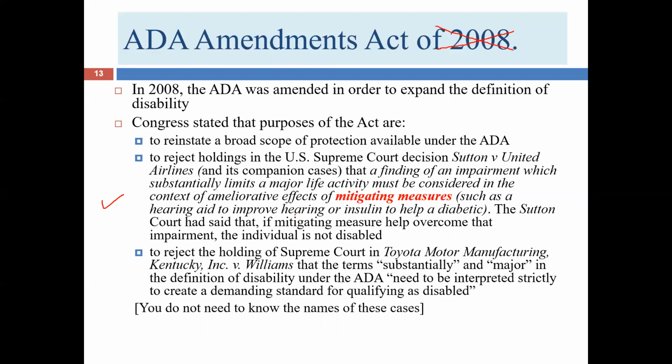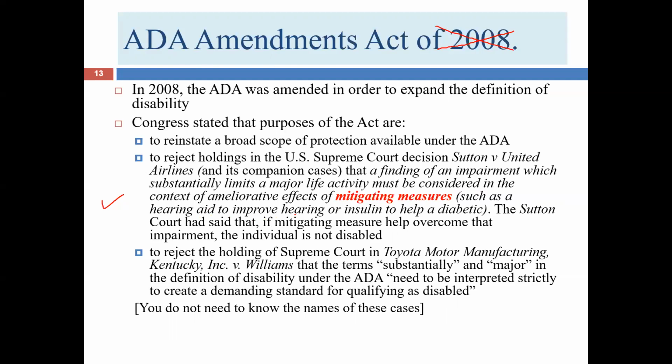And what the U.S. Supreme Court said is, well, when we're evaluating whether somebody has a hearing problem, we're going to see what appliances or medications that this person might be taking that would help him or her avoid that. And if the hearing aid fixes so much of the hearing problem that the person has relatively little hearing problem left, well, then we're not going to consider that person to be disabled.